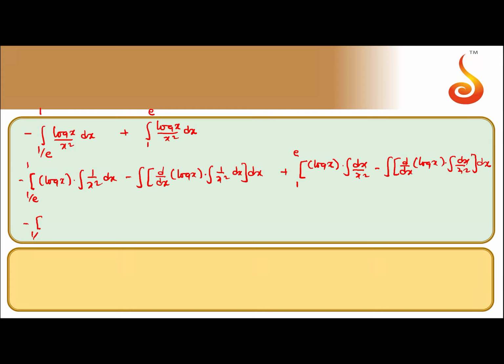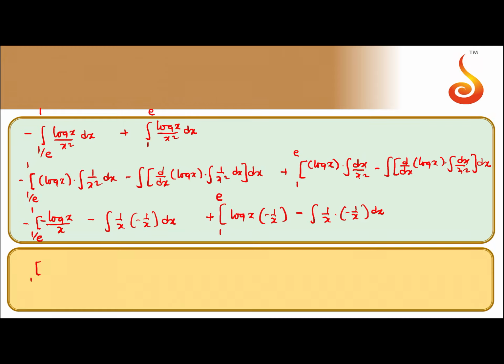So when we evaluate it, we get minus, from 1/e to 1, this will give you log x by x with minus sign, minus the integral of 1 by x into minus 1 by x dx, plus this will give you again log x into minus 1 by x, minus the integral of 1 by x into minus 1 by x dx. Of course, we have to put limits from 1 to e.